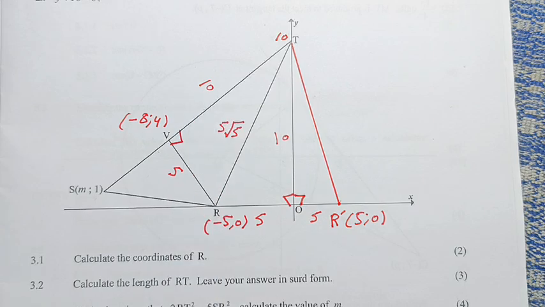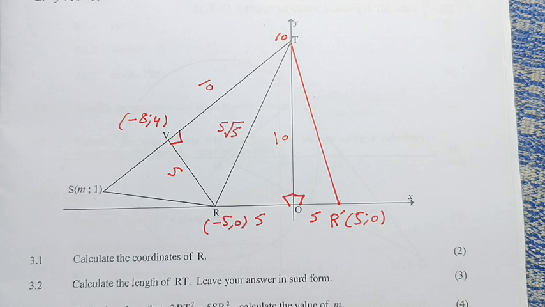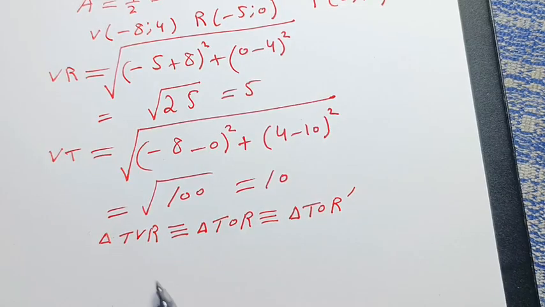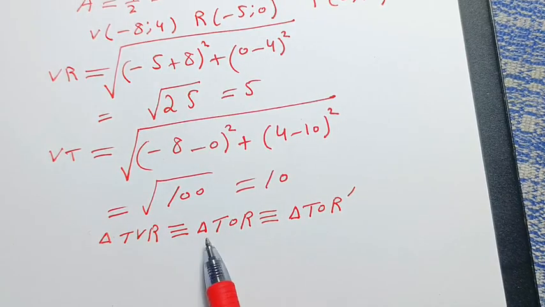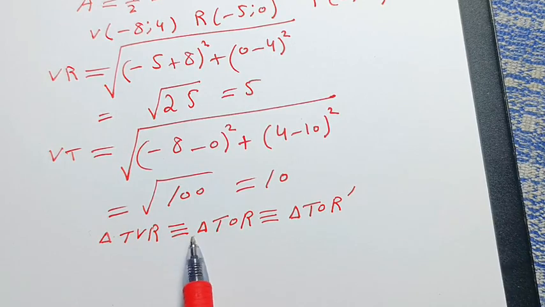So they are congruent triangles, so I can use one of the triangles and multiply by 3, and that will be the area of this quadrilateral RVTR prime. So all three triangles are congruent, TVR, TOR and TOR prime.